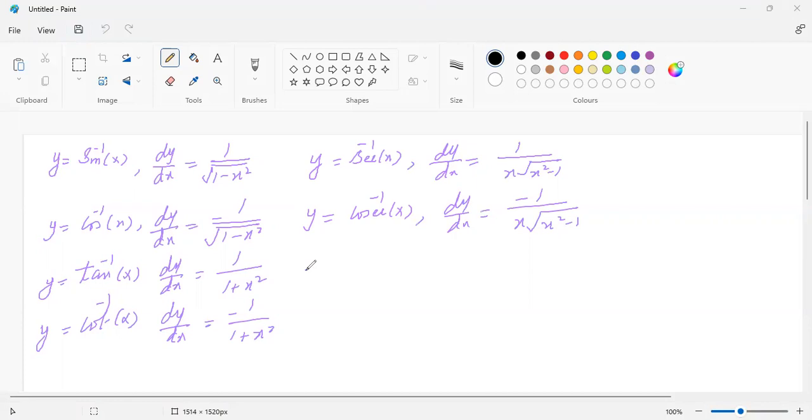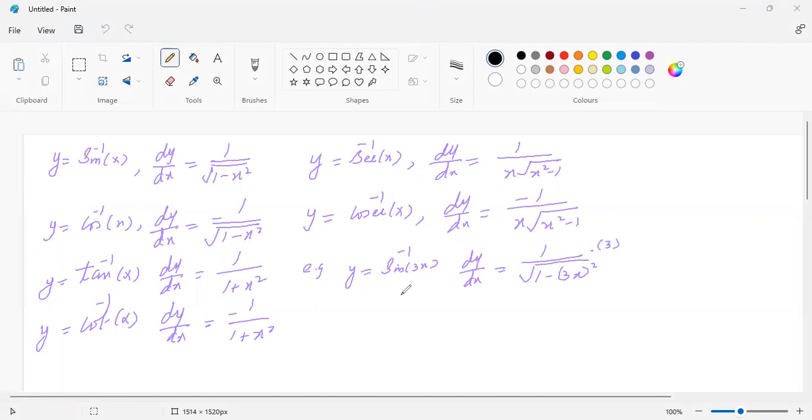Now, for example, if you want to find the derivative of y equals sine inverse of 3x, then its derivative will be equal to 1 by the square root of 1 minus 3x whole square, that's it, into, as the usual rule, the derivative of the inner function, which is 3.